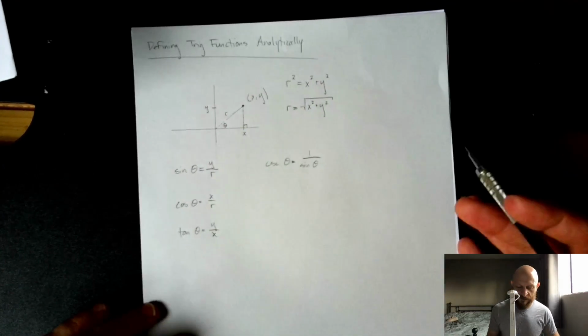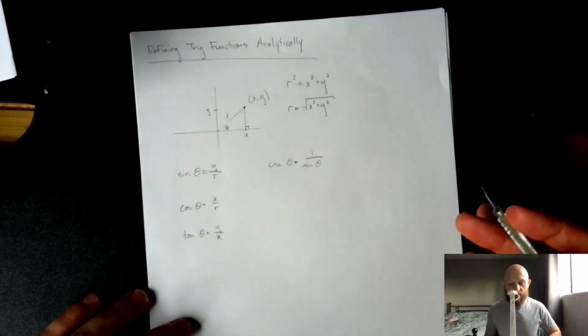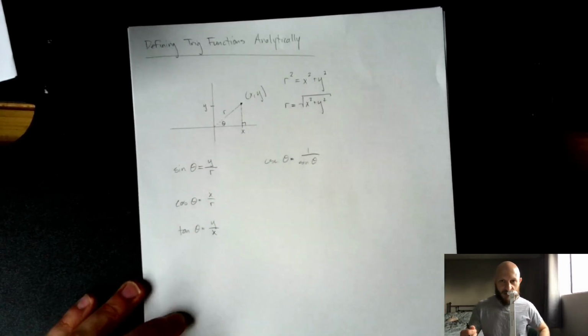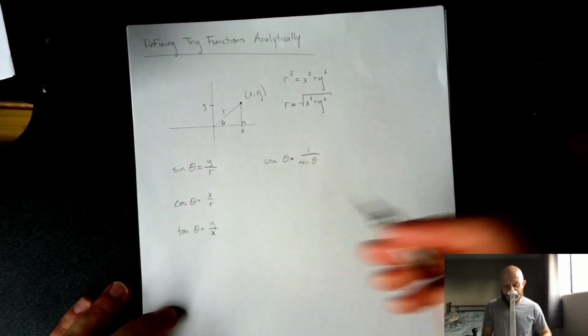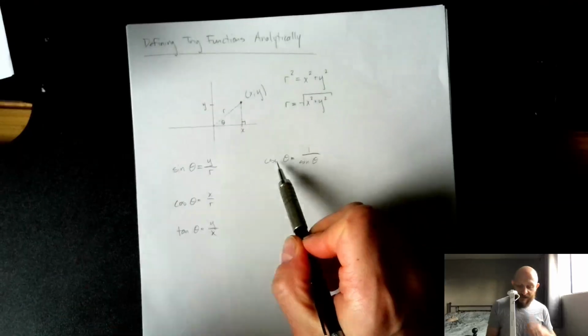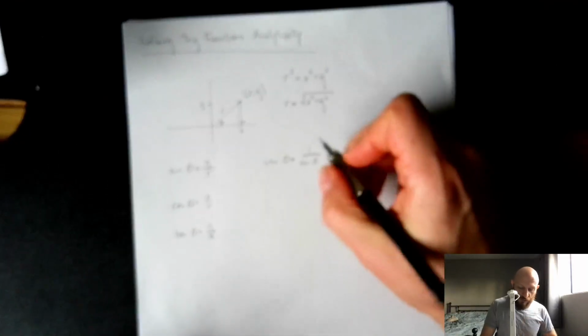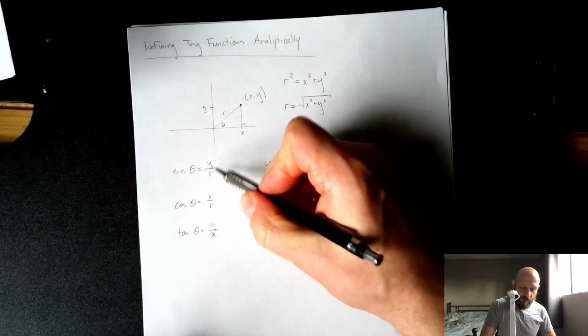At least in my opinion, it's always a little bit confusing. I have to double check myself anytime I'm working with cosecant or secant, just to make sure I'm using the right reciprocal. Cosecant is the reciprocal of sine, which means that the cosecant of theta is r over y.